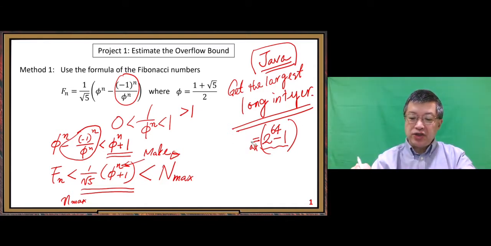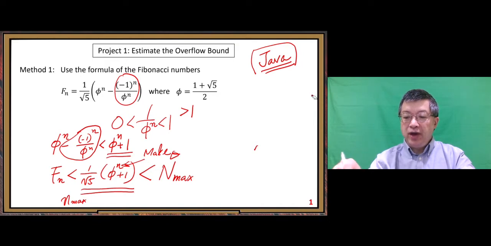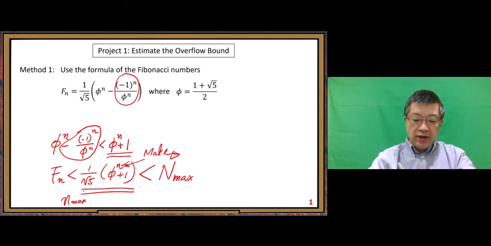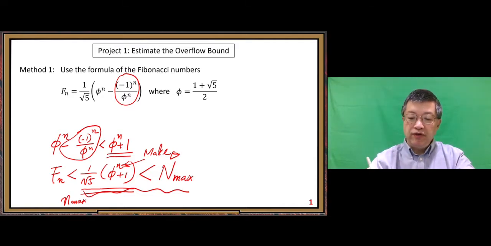For those who may not be familiar with solving inequalities with the logarithm, let me do a few more steps. Starting from this formula, we simplify it and get phi to the n plus 1 less than root 5 times n max.